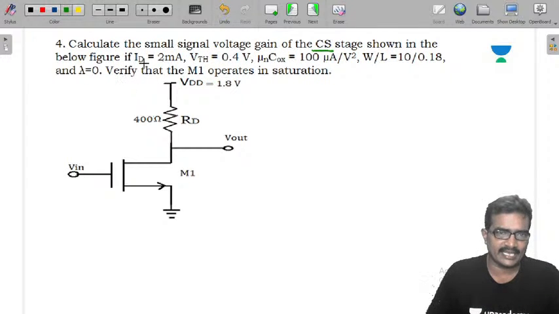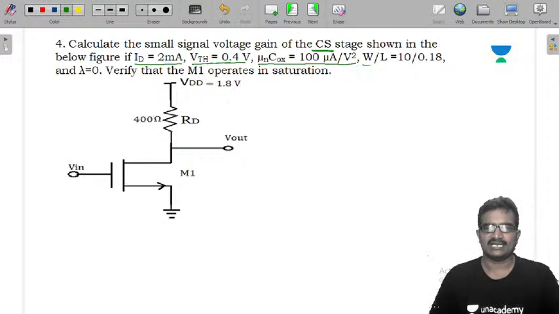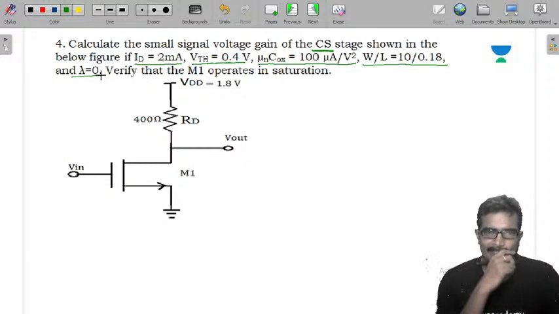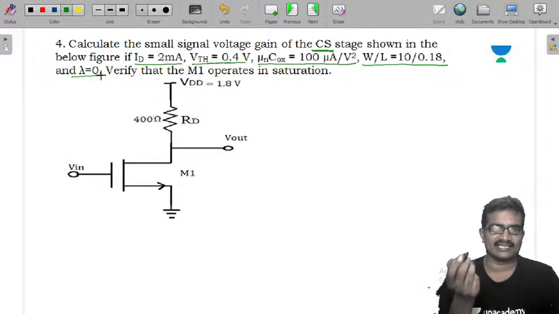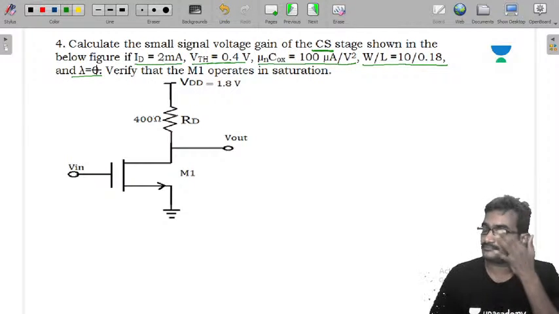If ID is 2 milliamperes, VTH 0.4, mu n COX 100 microamps per volt square, W by L is 10 by 0.18 and lambda equal to 0. And verify that M1 operates in saturation. So whether M1 is operating in saturation or not, they want to verify that at the same time.